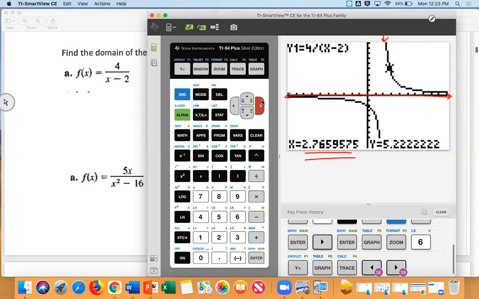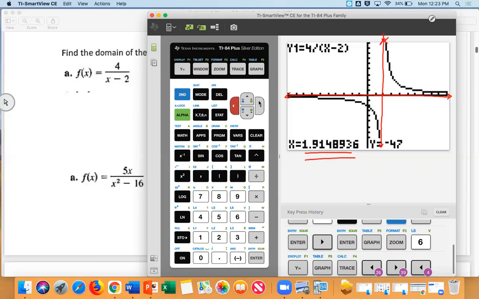Where'd the dot go? Oh, it went to the other graph. So where do you think it switched over from the left graph to the right graph? At what line is that break happening? 2. Okay, 2.